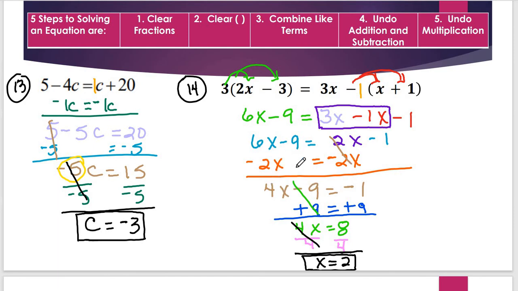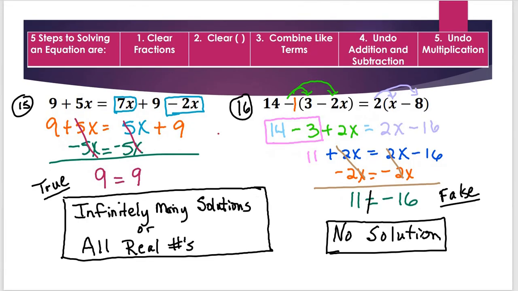Add these, bring down what's left on each side. And now we're still undoing addition, subtraction, and we end up with 4x equals 8. And you see that you're going to undo multiplication, which is your last step. So x equals 2. If I substitute 2 in place of this x right here, on both sides, this side should match this, just like what we've been doing.